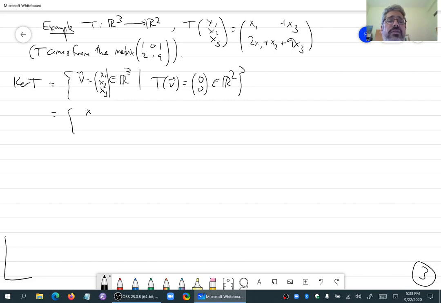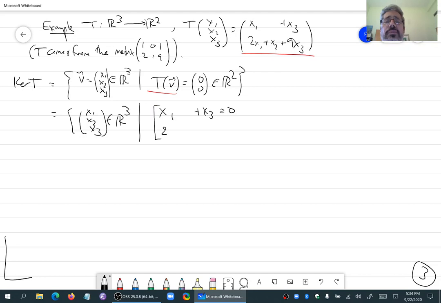So this is the set of x1, x2, x3 in R3. Well, what is T of v? It is exactly the vector whose coefficients are in this matrix here. So if we want this vector to equal 0, 0, both coordinates have to be 0. So I must have x1 plus x3 equals 0, and simultaneously 2x1 plus x2 plus 9x3 equals 0. Okay, and so this is a solution of a system of linear equations equal to 0, so they're called homogeneous linear equations.